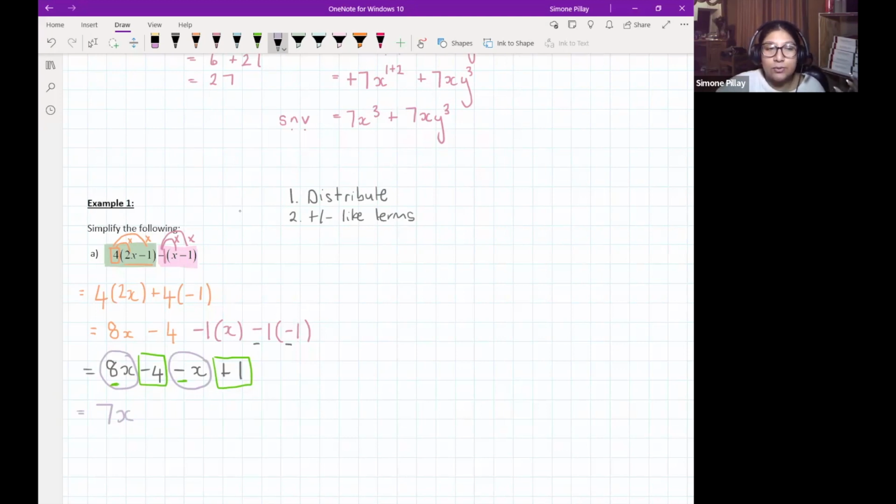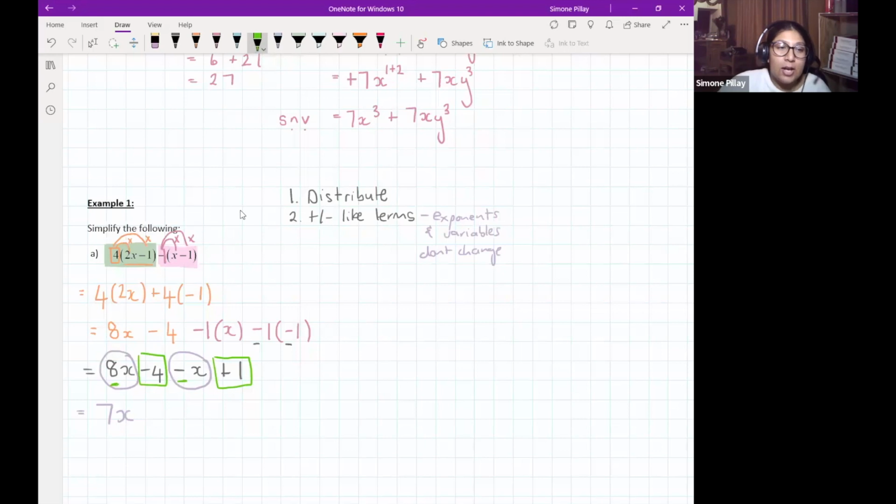And so what I want you guys to remember is that when we're doing like terms, our exponents and variables don't change. Okay, and so that's that.